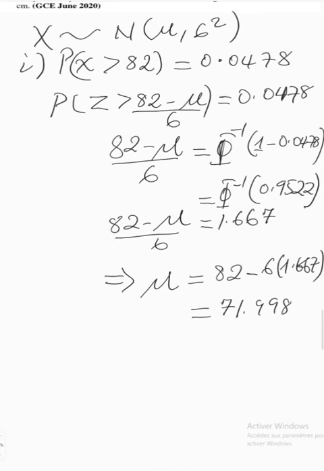Since we were told to find mu to the nearest integer, we have that mu equals 72 when you round 71.998 to the nearest integer. And we're dealing with lengths of rods in centimeters, so mu is approximately 72 centimeters to the nearest integer.